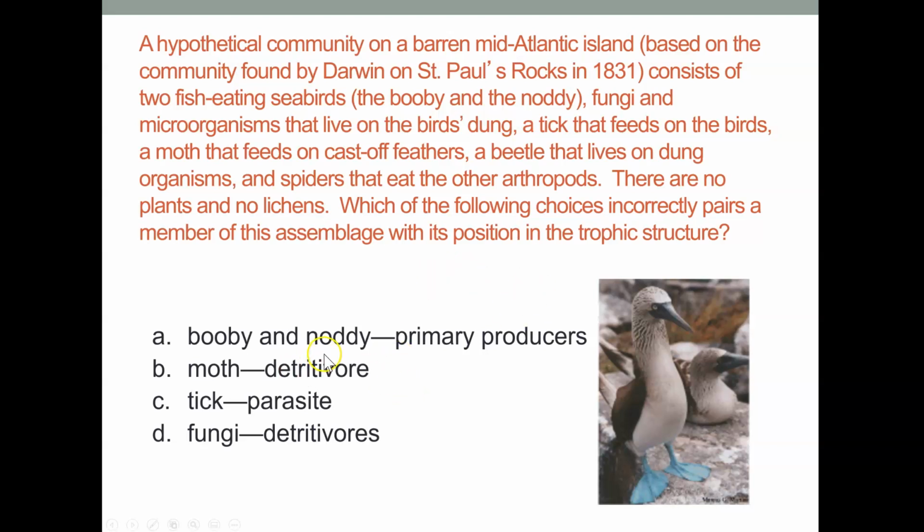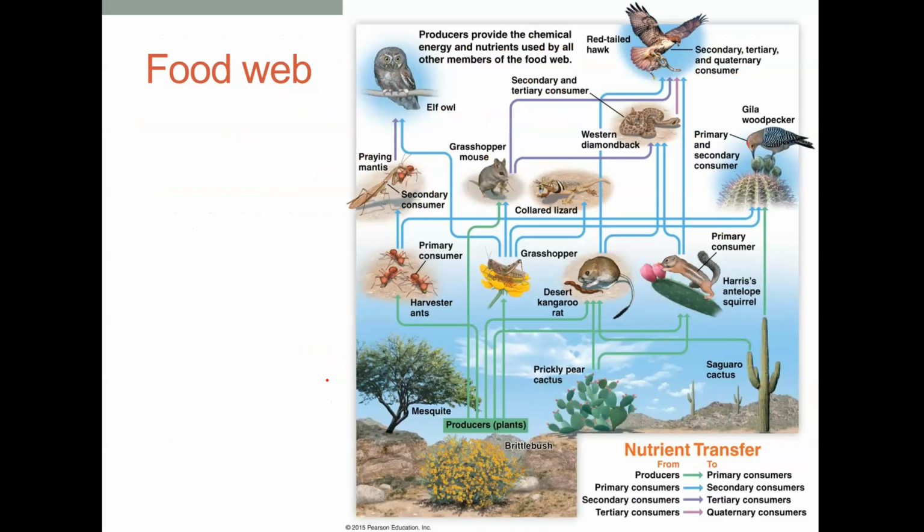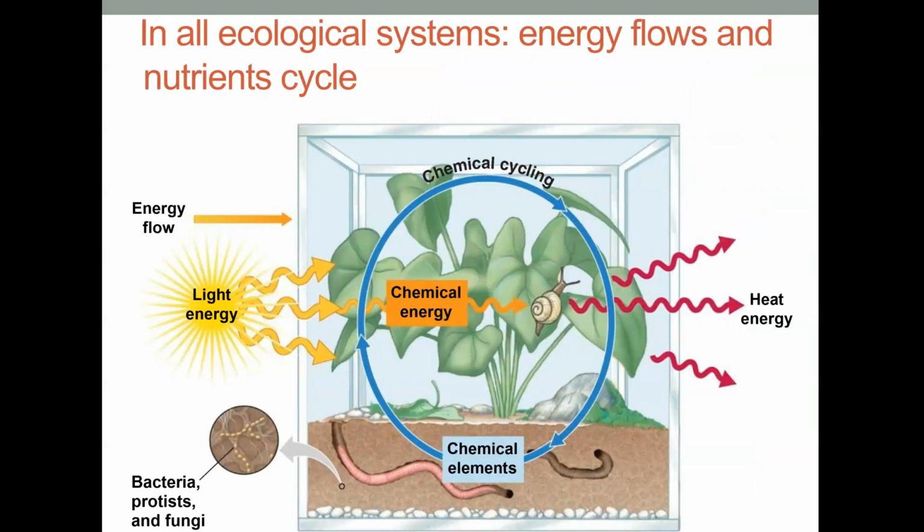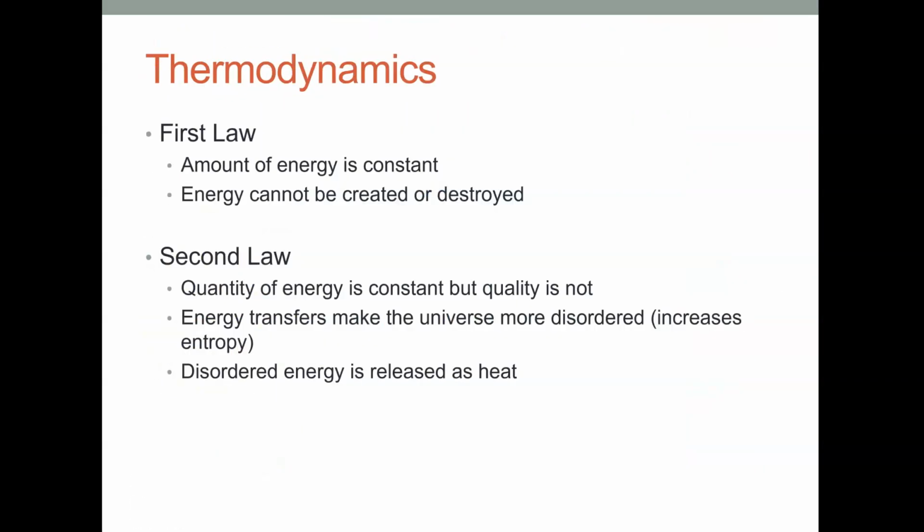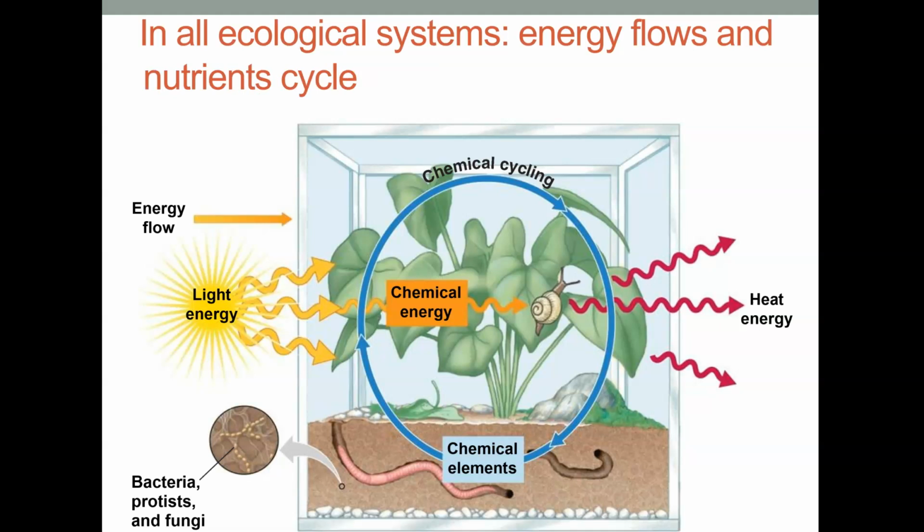So this is a bit tricky, one, because I haven't actually defined what a detritivore is. And that's why I was asking if there was one, and there's not. Let me go forward. Wait with me for just a second.